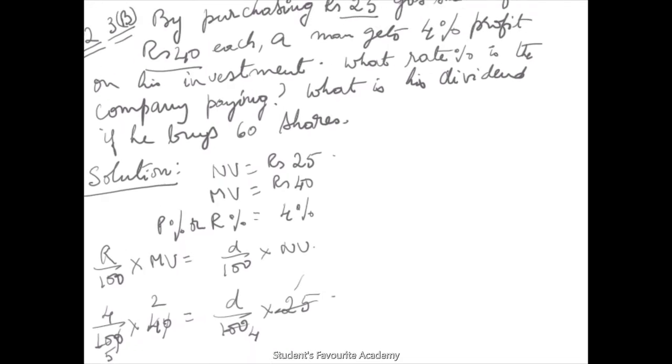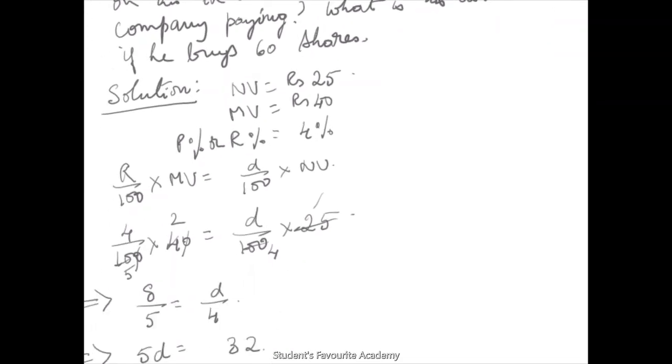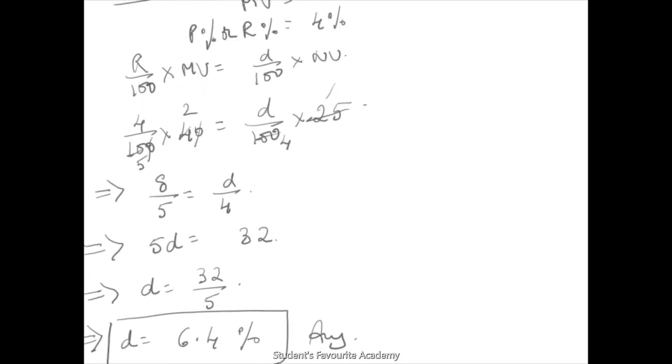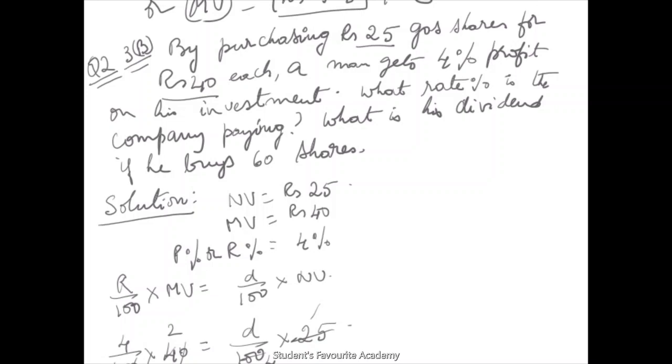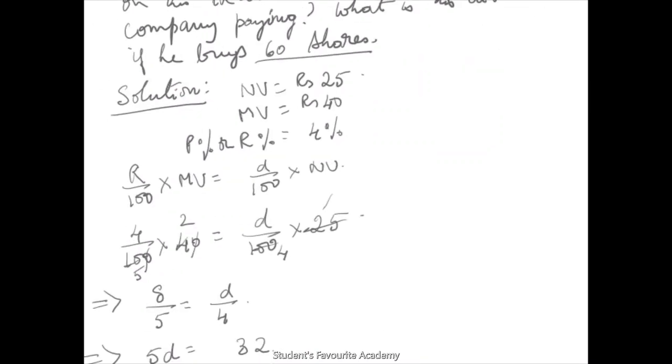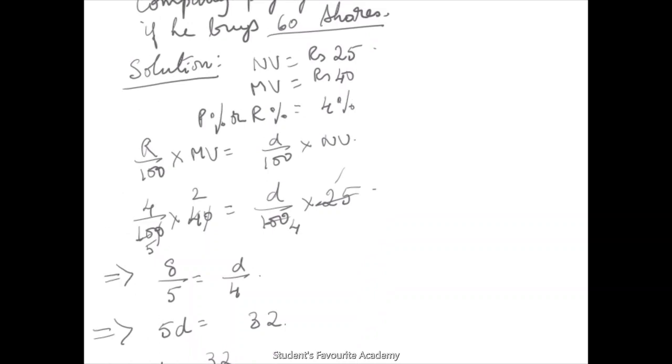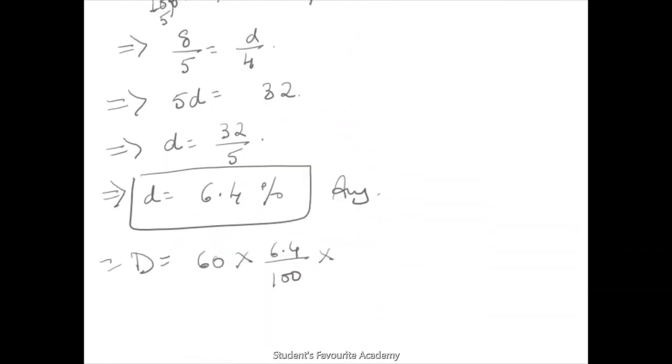What is the dividend? What rate percent is the company paying? So what the company pays, we call it dividend. This is one of the answers. Now we have to find out the total dividend that he will earn if the number of shares is 60. So dividend that he earns on these shares is number of shares, that is 60, into dividend percent, just now we have calculated 6.4 upon 100, into the nominal value. And what is the nominal value? 25, right?